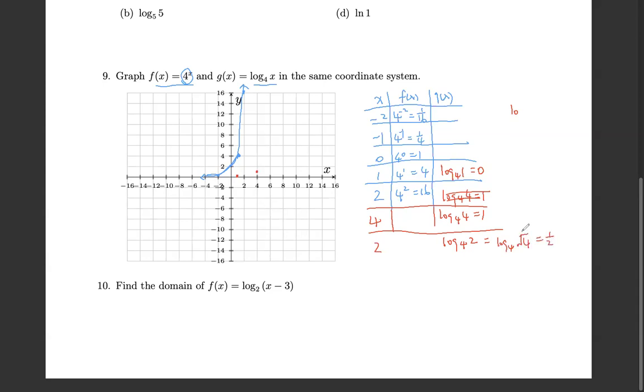That's a half, because the square root of 4 can be written as 4 raised to the half. So if x is 2, I get a half. So 2 is here, half is somewhere here. I could do more points, but basically my graph goes this way.